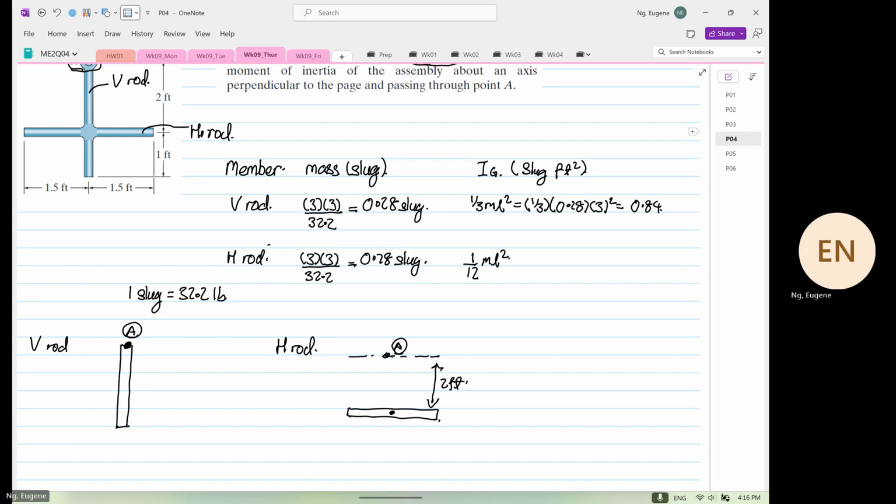However, the axis has been shifted, yes or no? The axis is not exactly at the center of gravity over here, but at A. Point A is your point of interest. So now you have to add md squared.